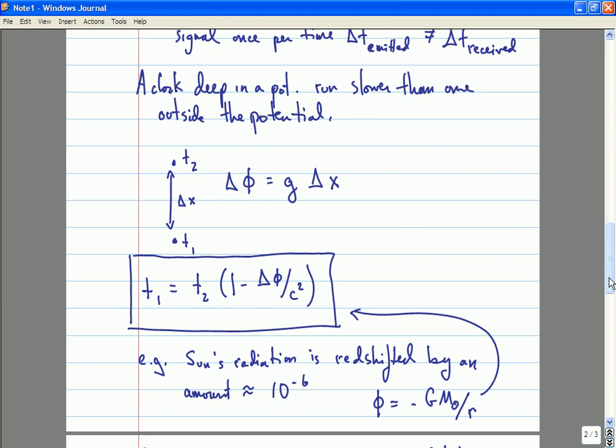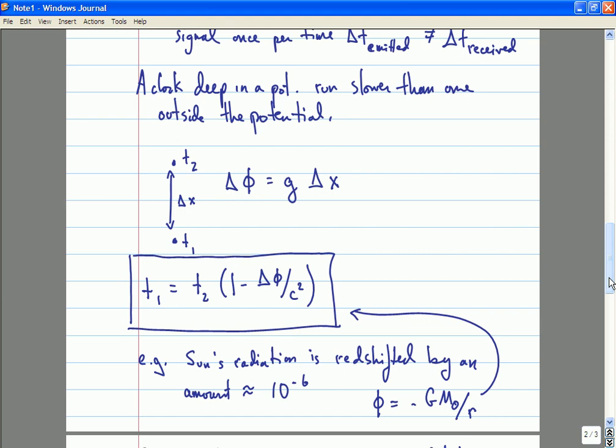Yes. Question. So whereas in special relativity, each viewer views the other clock to be going slower, now here the viewer on Earth will see the other one. Yeah, exactly. This is really not relativity in the sense that we use the word relativity in special relativity, which was that it's only relative motions that matter, and that if we're moving apart, for example, your clock would be slow relative to mine, and my clock would be slow relative to yours.